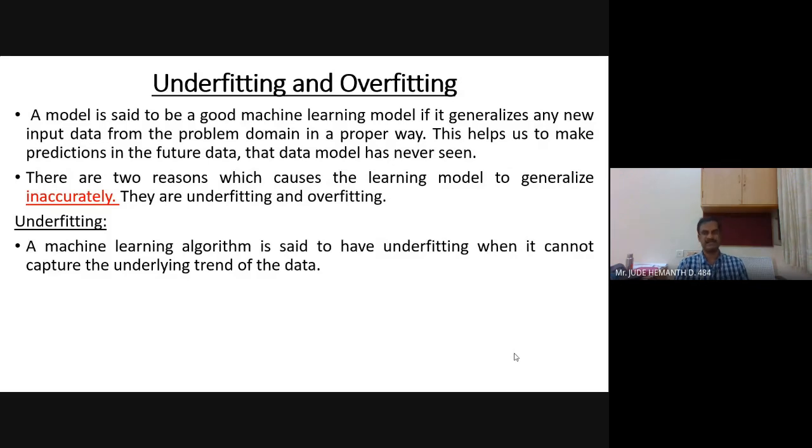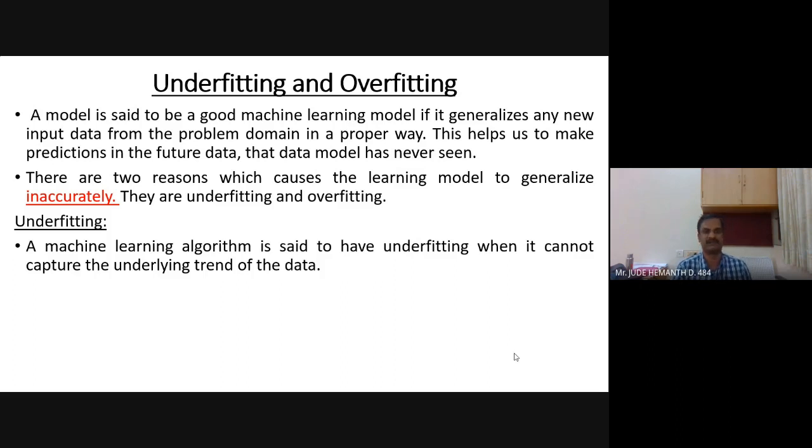A model is said to have an underfitting problem when it cannot capture the underlying trend of the data. When I say underlying trend, I mean the significant features of the data. For example, we want to differentiate two persons' faces, person A and person B. When you take some features from these two images, those features should be specific to person A and person B. Those specific characteristic features I call the underlying trend.